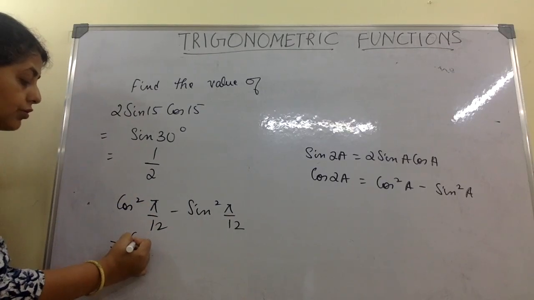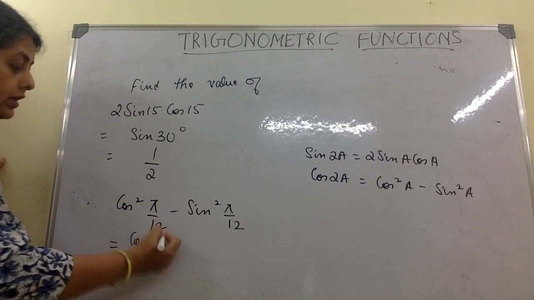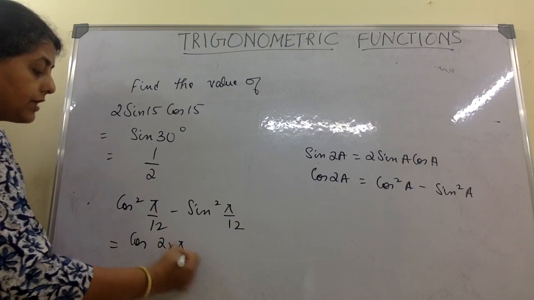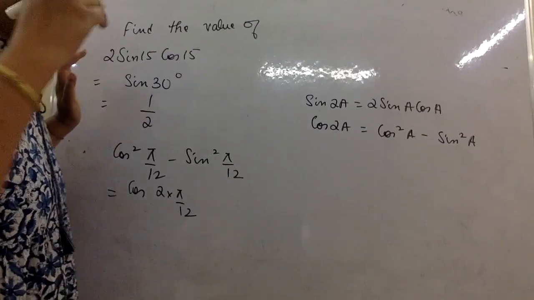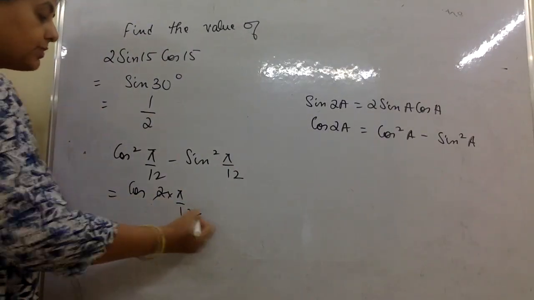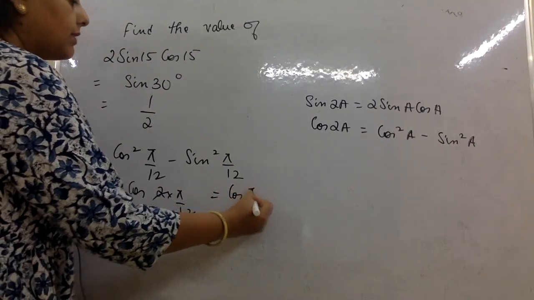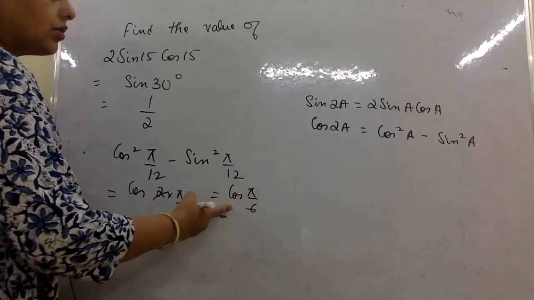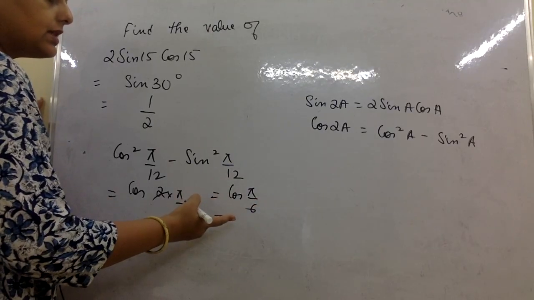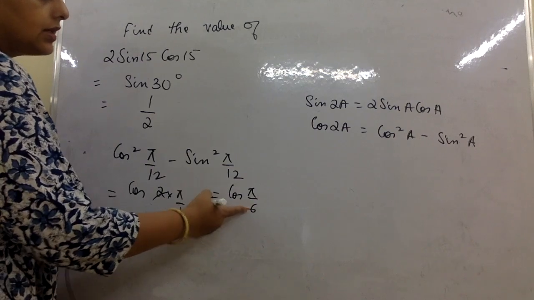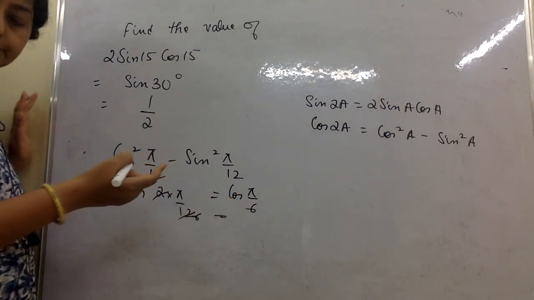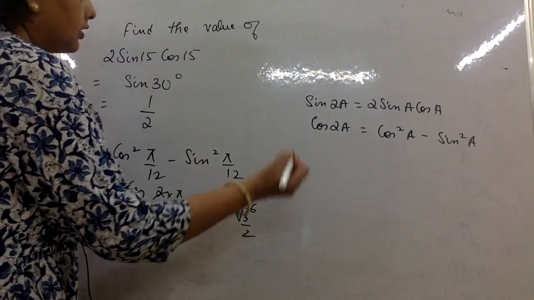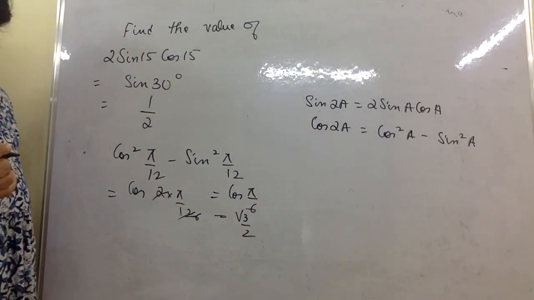So all you have to do is cos 2 into pi by 12, this is pi by 6. Cos pi by 6, that makes it cos how much? Pi by 6 is 30 degrees, cos 30 degrees becomes root 3 by 2.